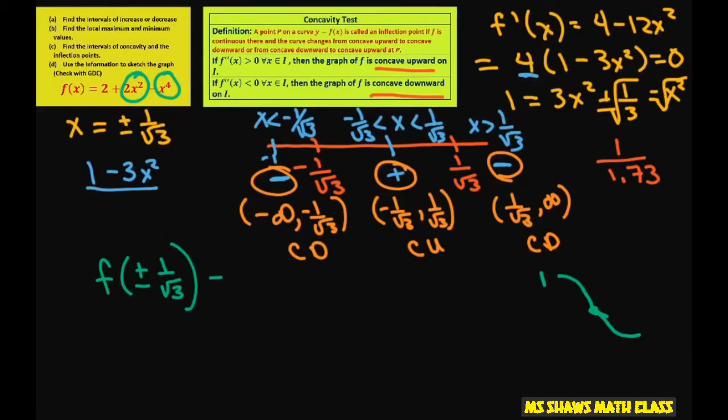And when you plug that in, you're going to get 23 divided by 9. So that's going to be in between 2 and 3. So our inflection points occur at plus or minus 1 over square root of 3 and 23 divided by 9. So we have 2 inflection points, and we have 3 other points. So let's do those.